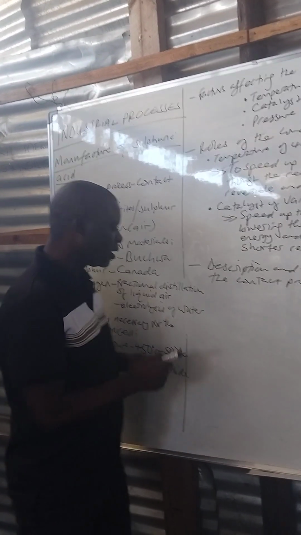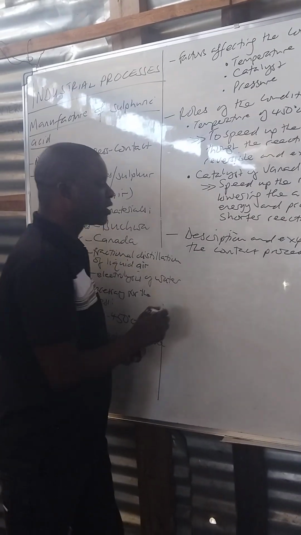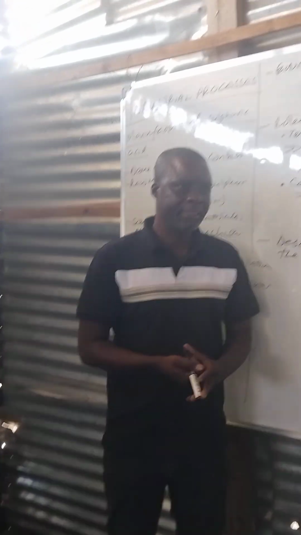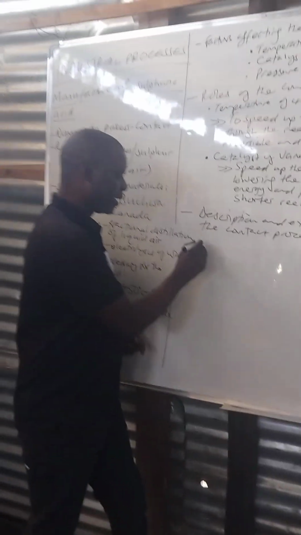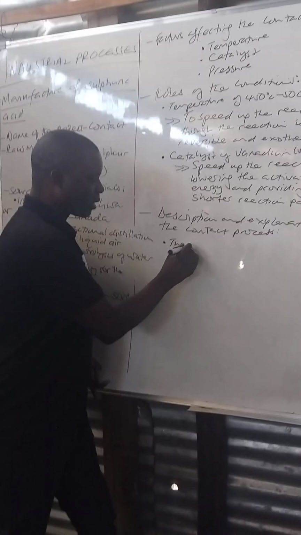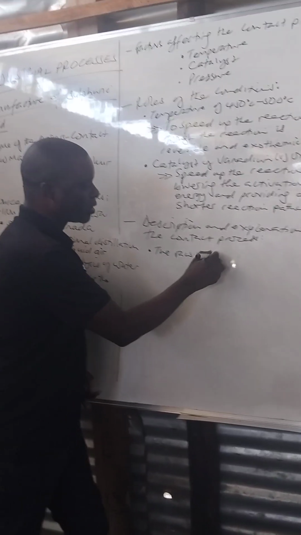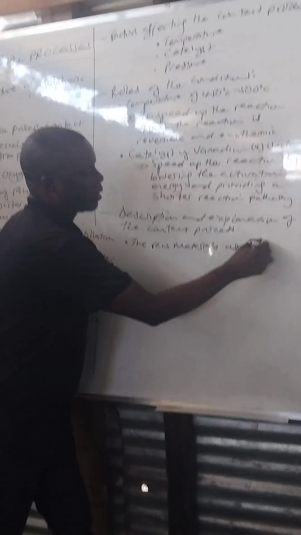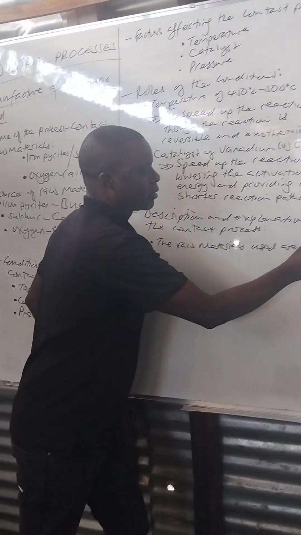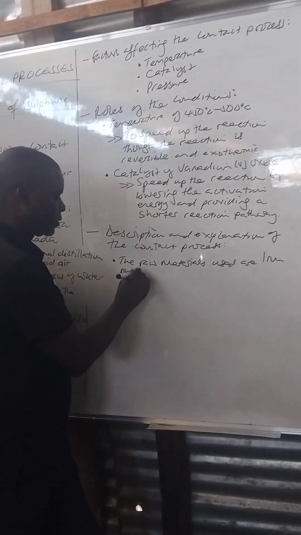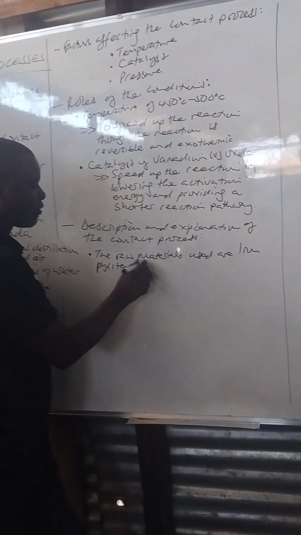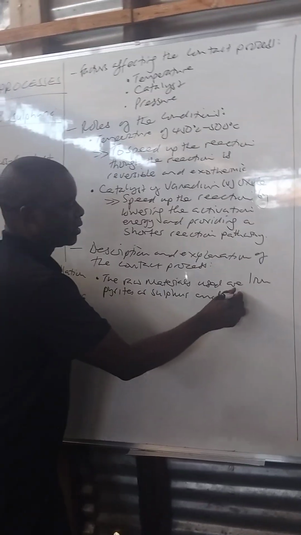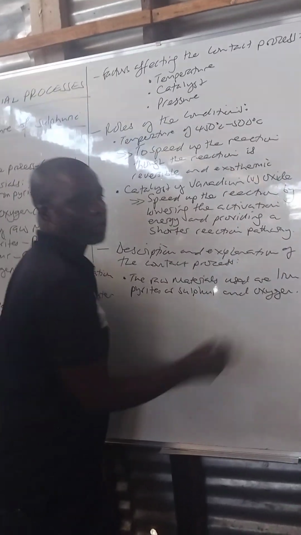Describe the manufacture of sulfuric acid by the Contact process. First tell us the raw materials used: iron pyrites or sulfur, and oxygen. Don't give us the source, please.